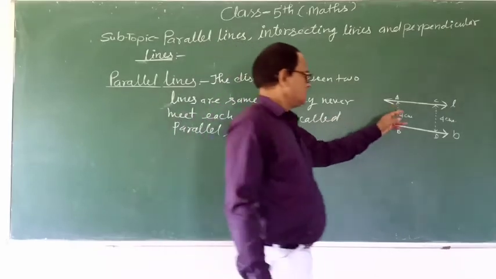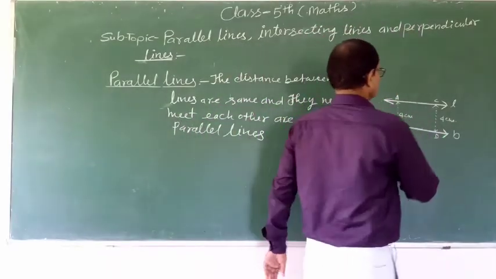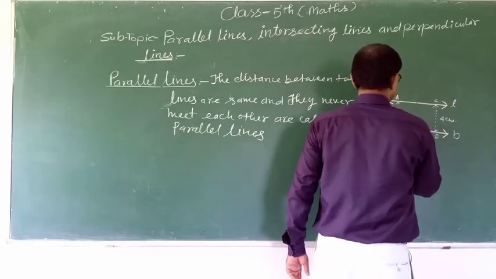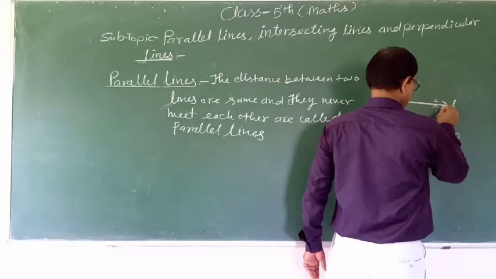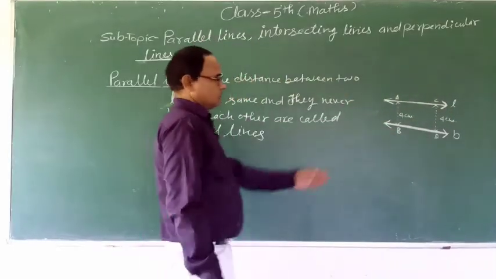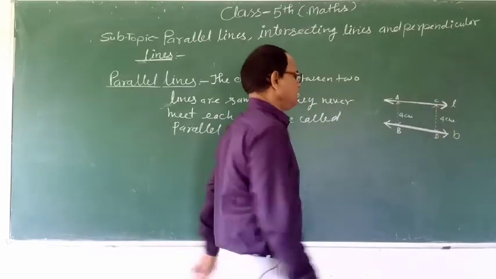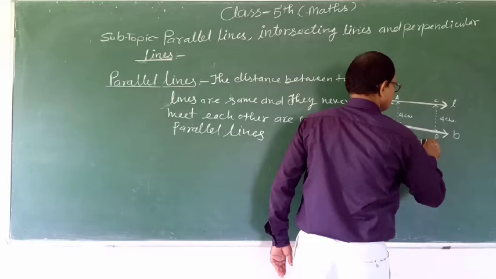Here L and M are two parallel lines. The distance between both is the same, then L is parallel to M. We can write L parallel to M.